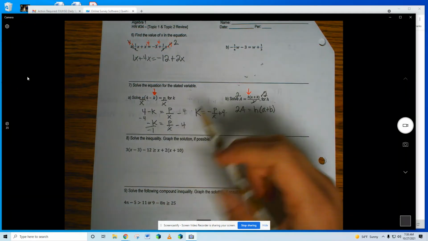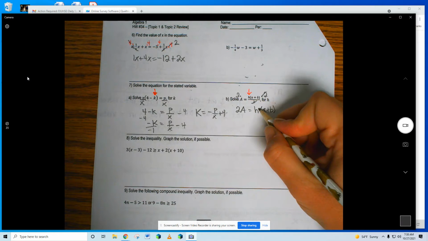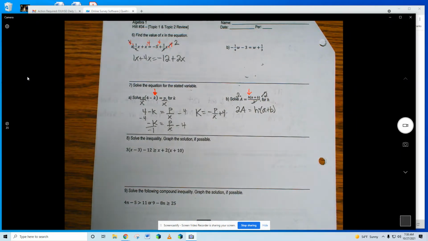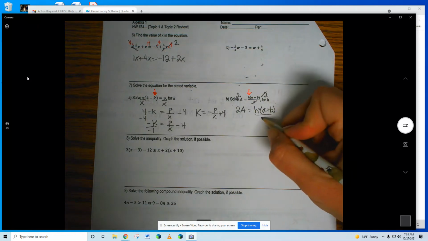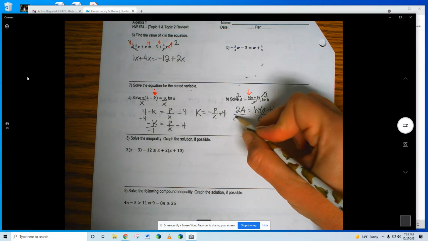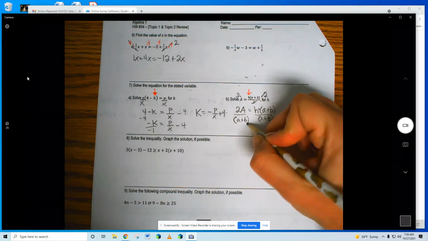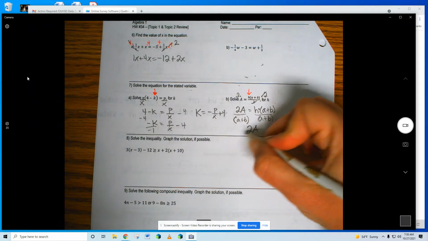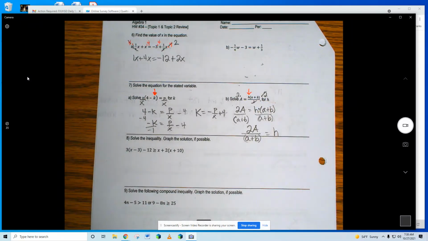It's h times a plus b. And I want to move the whole a plus b. How do I get rid of something that's multiplied? Divide. So if I take the whole a plus b, two a over a plus b equals h.